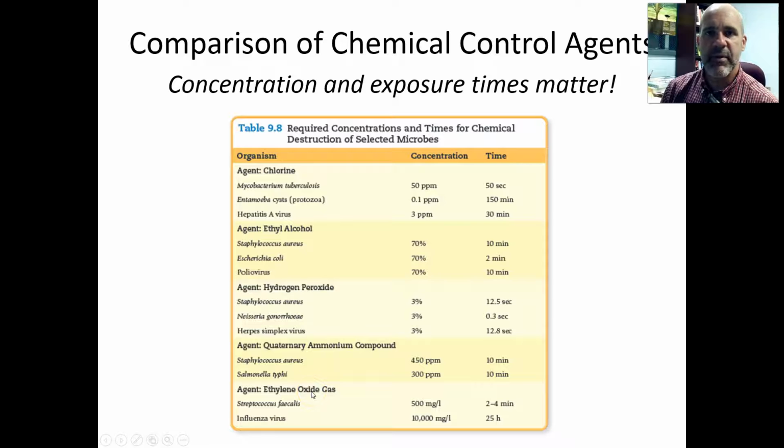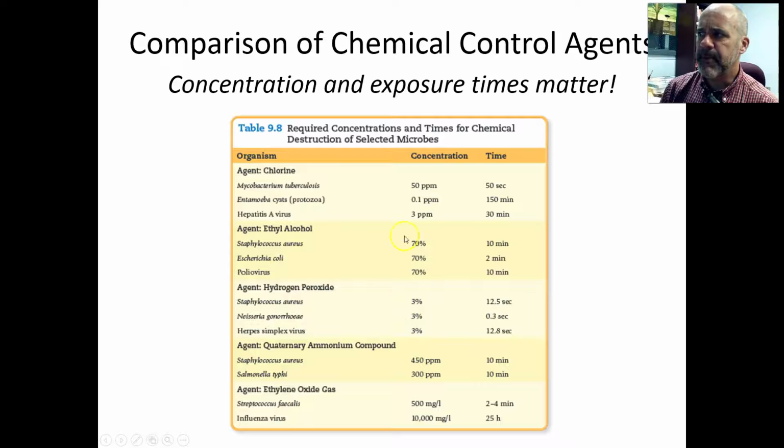Ethylene oxide is a type of gas that's used as a chemical control agent. And concentrations over here, there are different ways of reporting concentrations, like ppm, parts per million. So that's used for substances that are very heavily diluted when they're used as a disinfectant or an antiseptic. And then over here you have your exposure times.